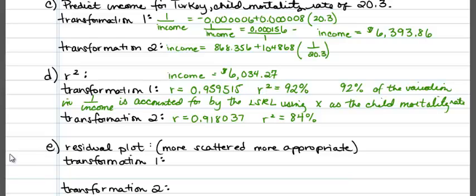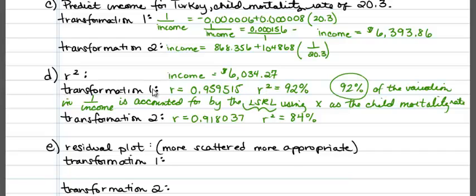If you have 90% of the variation accounted for by the least squares regression line, then that's a pretty strong fit line. If you get a 10%, you know it's a very weak connection between those two. So when I look at this one, I've got 84% of the variation. That's probably the worst line, the worst fit. Transformation 1 is probably a better fit for the data.